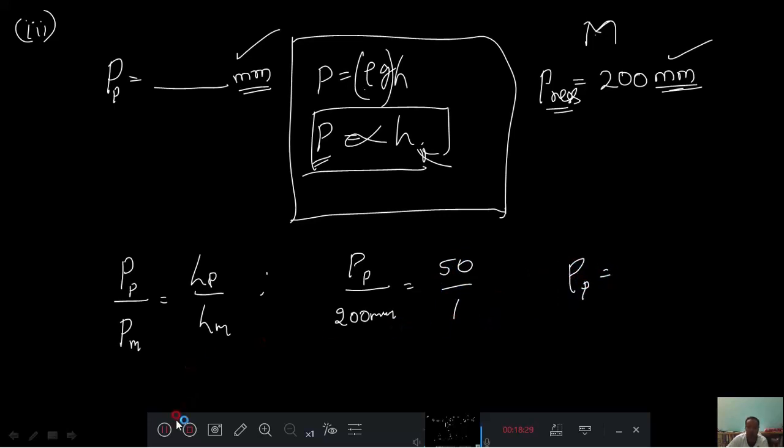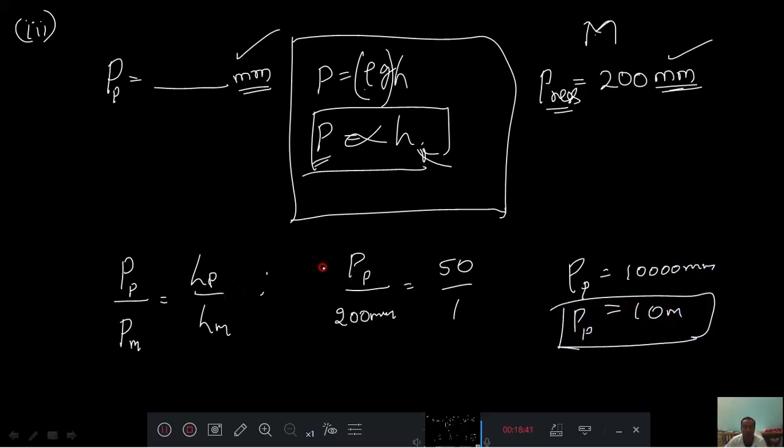Therefore pp is equal to 10,000 mm, which means 10 meter. And one thing you should remember, this is a negative pressure. So pp is minus 10 meter, or otherwise you can consider this as a vacuum pressure.